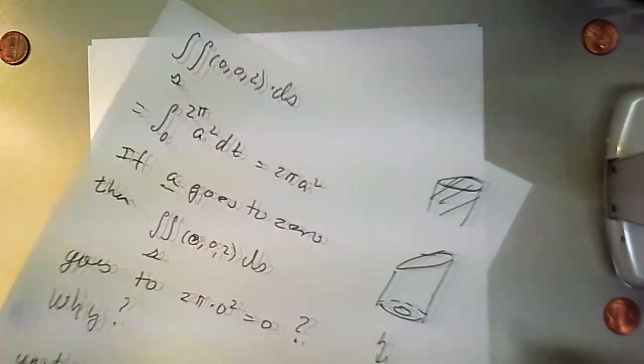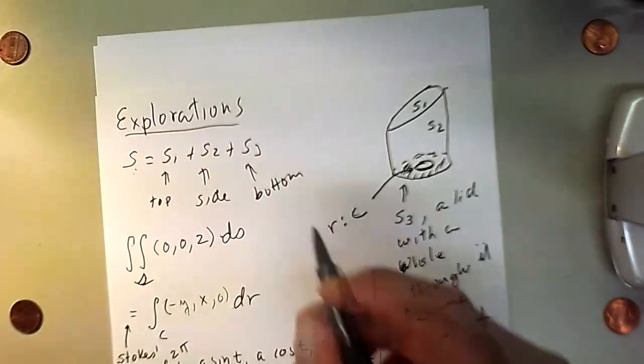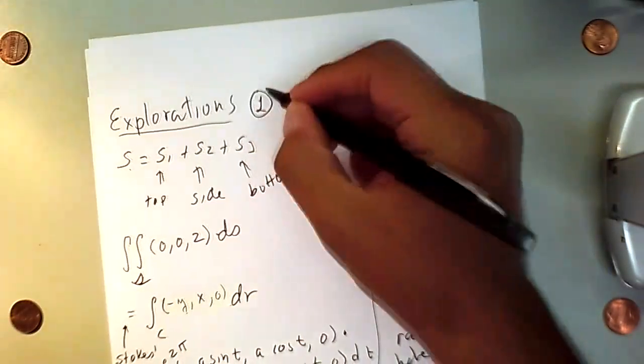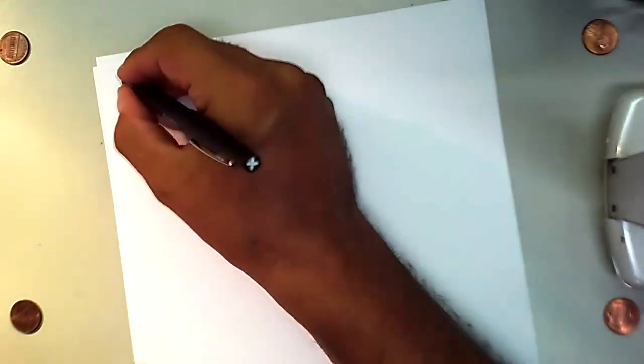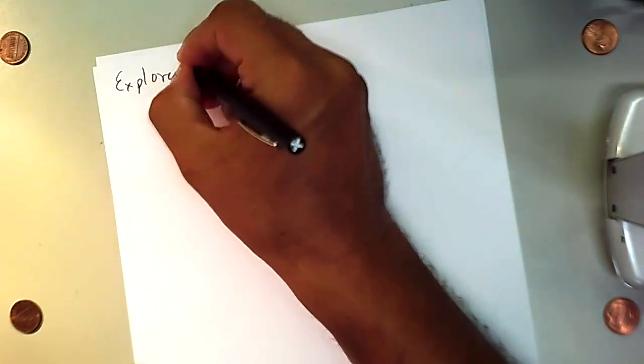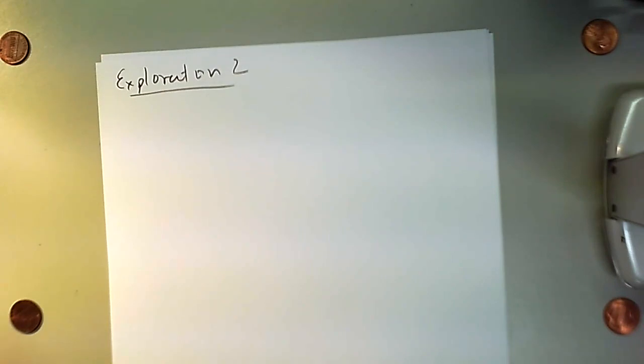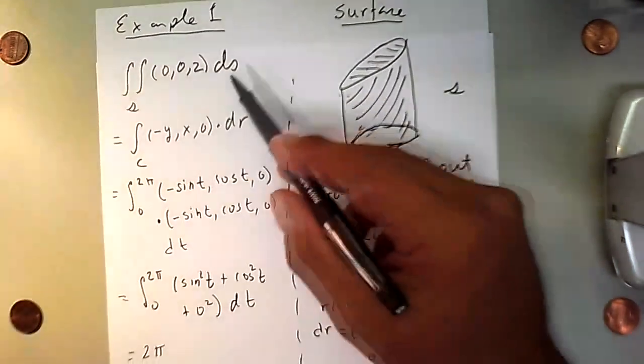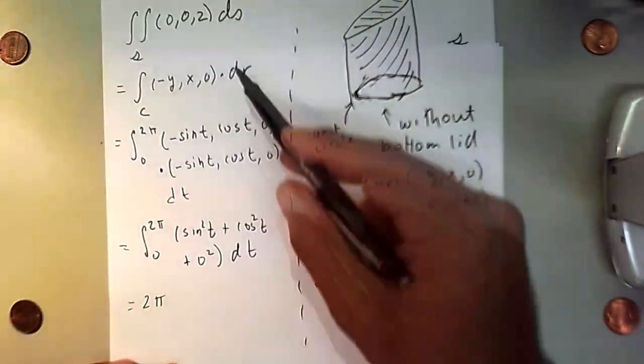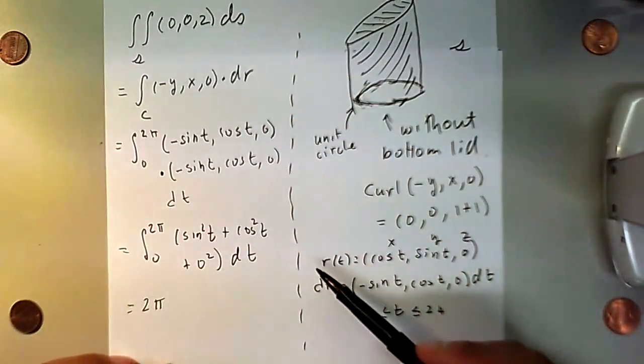The other thing I wanted to explore, so that is exploration 1, if you will. Now, exploration 2. So when we applied Stokes' theorem to example 1 initially, back here, we found the answer to be 2 pi, and this was very short, very simple.